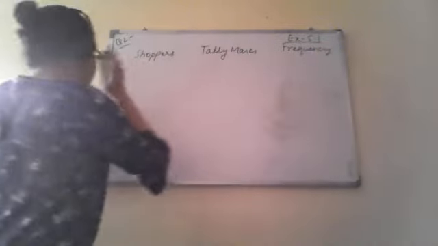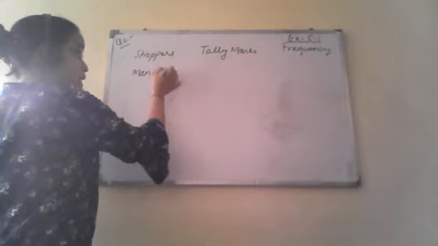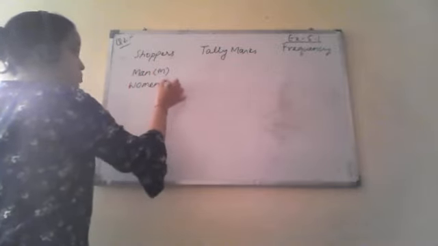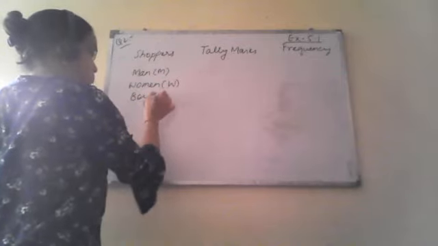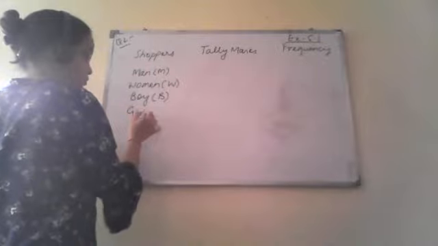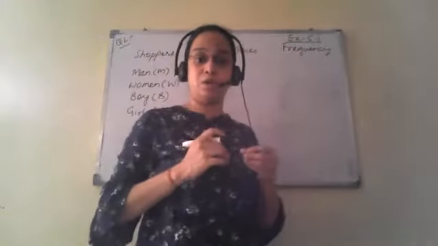In shoppers we have men, which is represented by M, women, which is represented by W, then we have boy, B, and girl, G. So these are the different categories of shoppers who have visited the departmental store in the first hour.